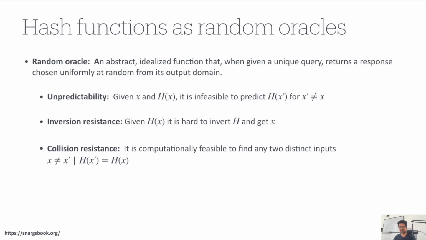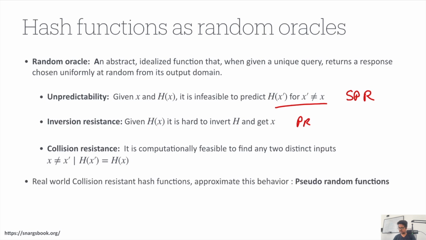So this is very similar to second pre-image resistance. Then you have inversion resistance, which is essentially the same as pre-image resistance, and you also have collision resistance. With these properties, in general, real-world hash functions can approximate pseudo-random behavior.